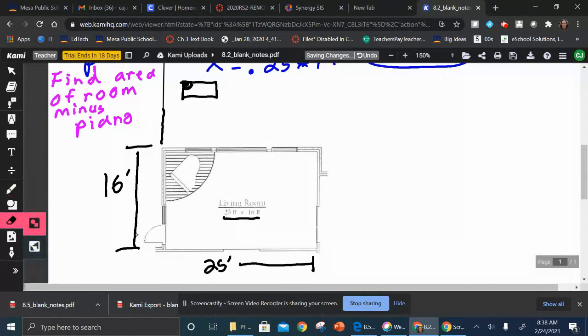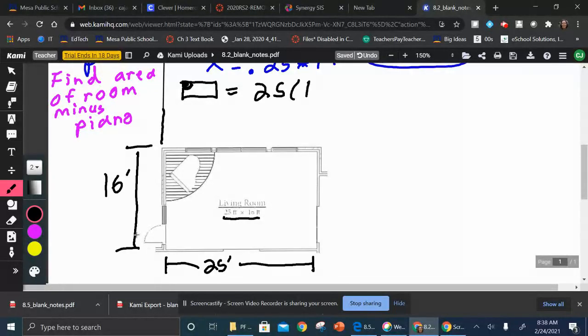So the area is going to be equal to 25 times 16. This length right here, the radius, is 8 feet. So that's 8.